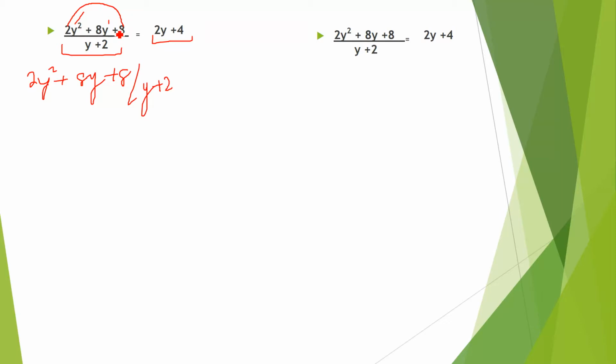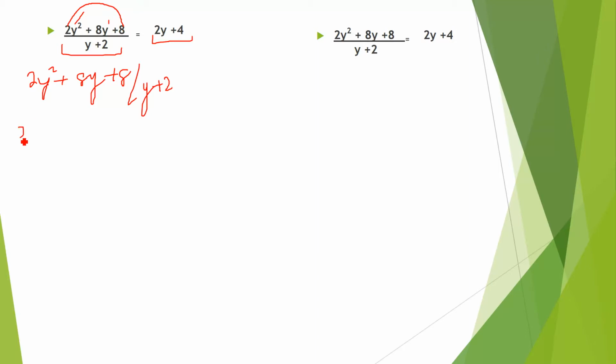You have to make the factorization of the numerator in such a way that you write two numbers in the middle. You have to split 8y in such a way that when you add those two numbers, it should be equal to 8y, but when you multiply those numbers, it should be equal to 16y square. Right?